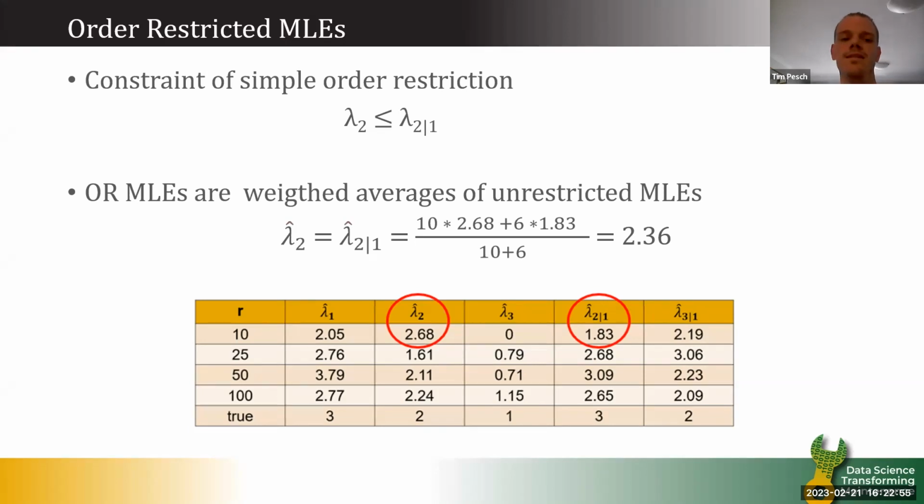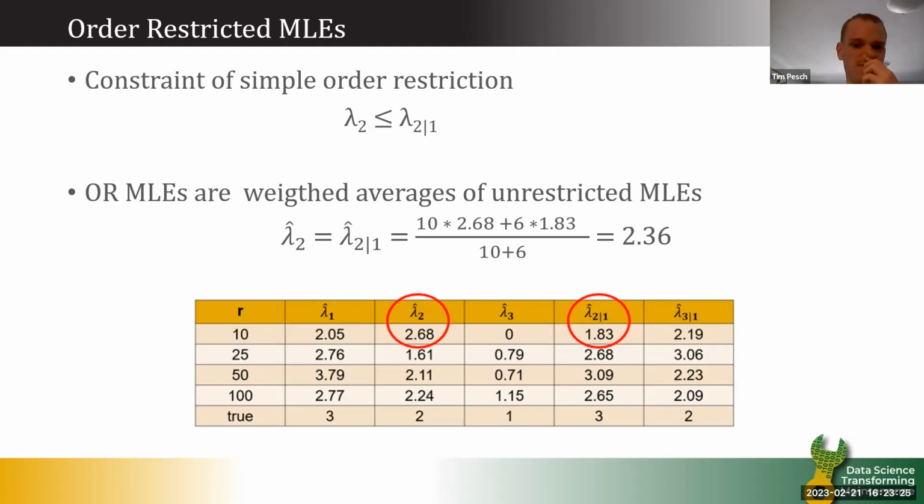In 4 instances out of our 10 trials, component 2 failed first. And for that reason, the estimation process of the level 2 parameter was performed based on 6 observations. So that's where these weights come from. And that's how we then derive the new MLEs, which adhere to that order restriction.